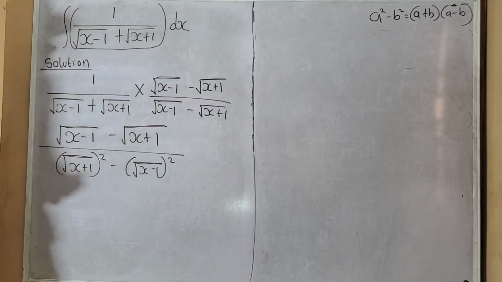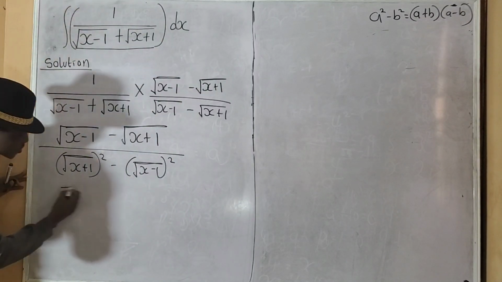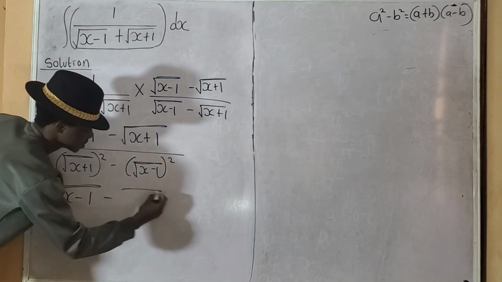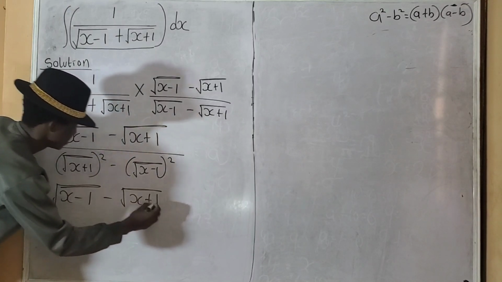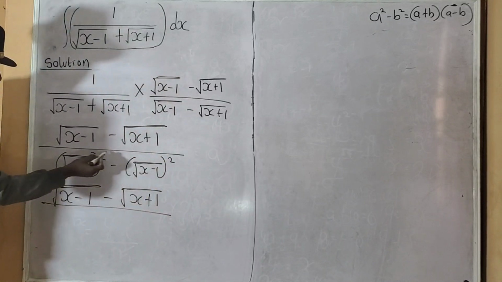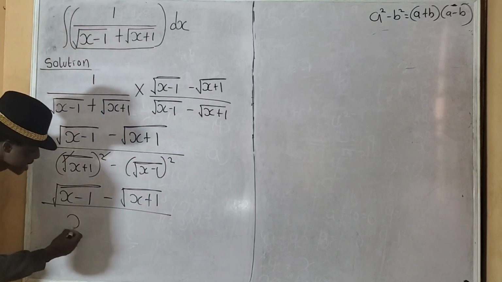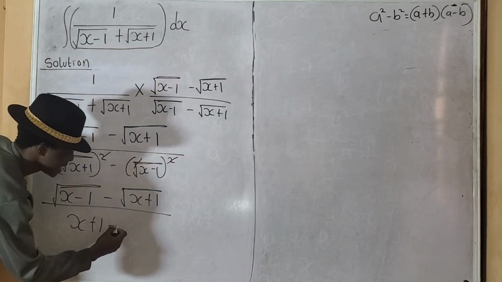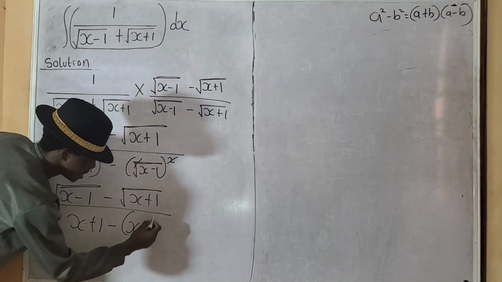Are you following? So I'm going to have square root of x minus 1 minus the square root of x plus 1, divided by, now, this will eliminate this. So I'm going to have x plus 1. And also this will eliminate this. I'm going to have minus x minus 1.